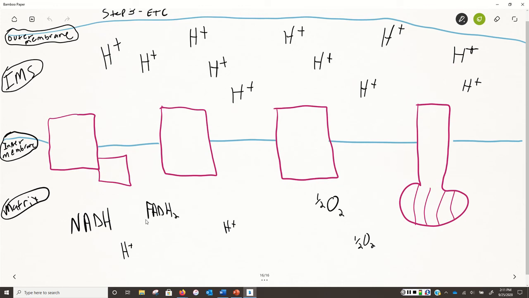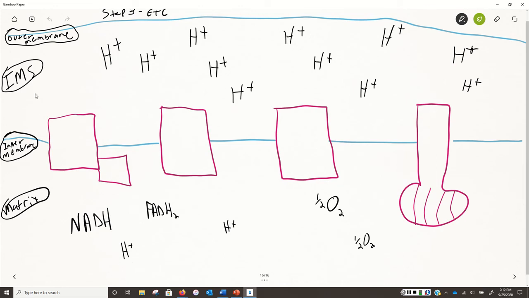The important players were those guys that were coming in and grabbing electrons, because the electrons are really what we were after through all of that mess that we just drew. So the NADH and the FADH2 are all gathering down here in the matrix. We also have some of those extra protons. Remember when we made NADH, there was also that extra H+ that was generated? Some of those are down here in the matrix also.